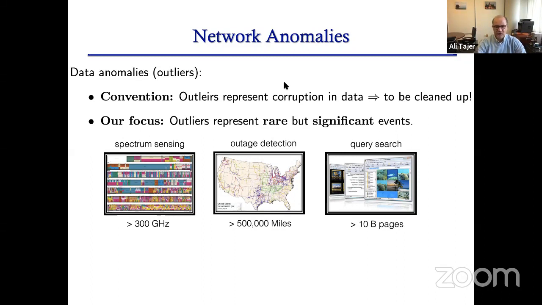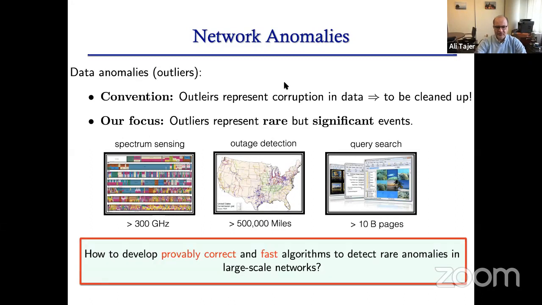You could think of query search over the web, that the keyword that you're looking for, compared to the entire set of keywords on the web, is a very significantly small portion, right? But on the other hand, it's very significant for us as the person who is searching the keyword. So in all these applications, we are interested in devising algorithms that are fast for the objective that we have. And we can also prove certain, at least correctness or optimality guarantees for them, all right?